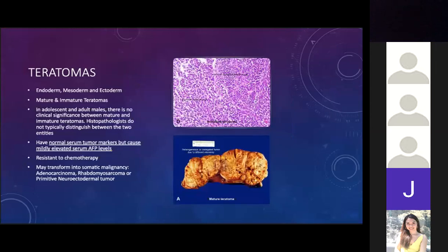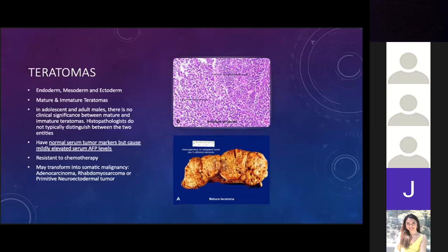For your teratomas, they contain well or incompletely differentiated elements of at least 2 or 3 germ cell layers, which are your endoderm, mesoderm, and ectoderm. They are classified into well-differentiated, which are your mature teratomas, and incompletely differentiated, which are your immature teratomas. In adolescents and males, there is no clinical significance between the mature and immature teratomas.